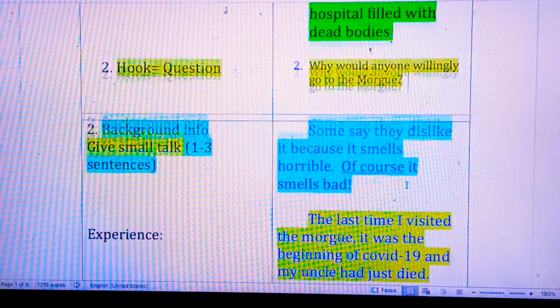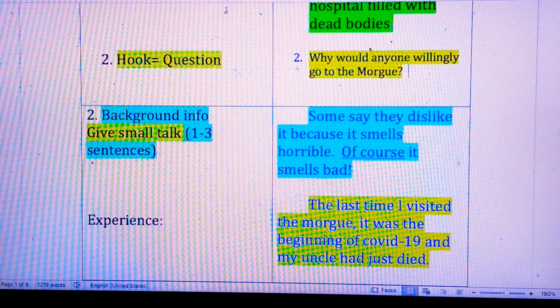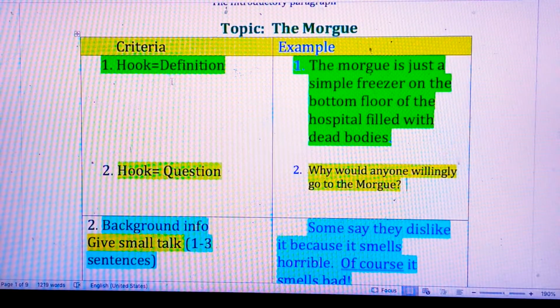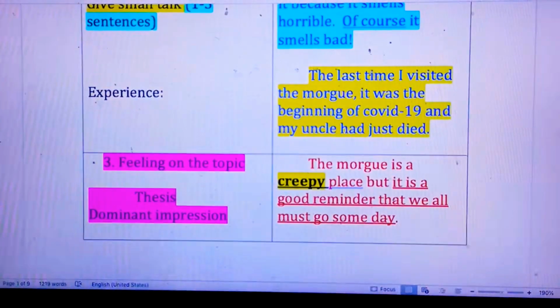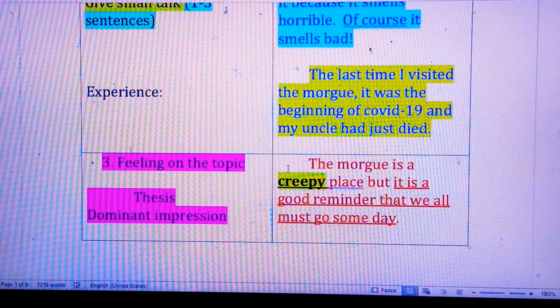Step 2 in the process is you might use background information. Background information is sentences that allow you to connect your sentence 1, which is your hook, to your sentence 3, which is your feeling on the topic.